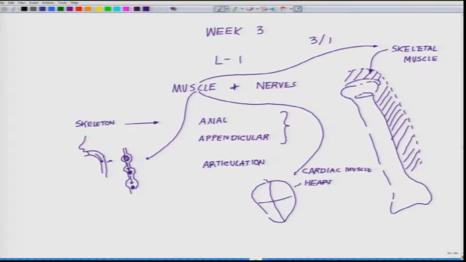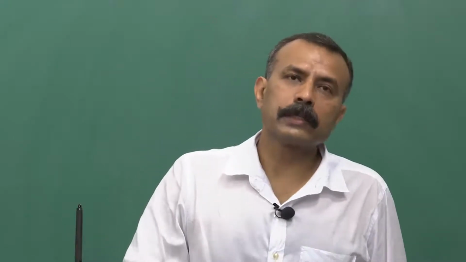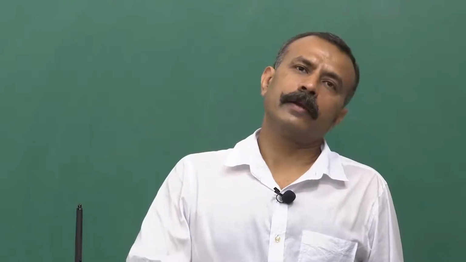This whole canal or cavity, alimentary canal or cavity, whatever you call it, the muscle which forms it is called smooth muscle. So, there are 3 kinds of muscle broadly classified in our body: skeletal muscle, cardiac muscle and smooth muscle.